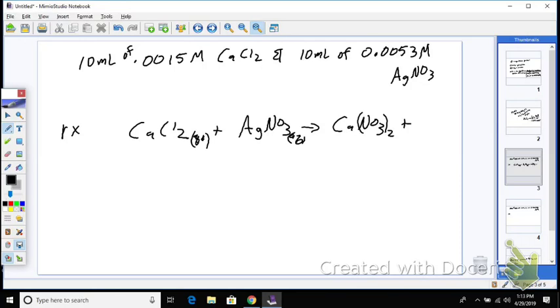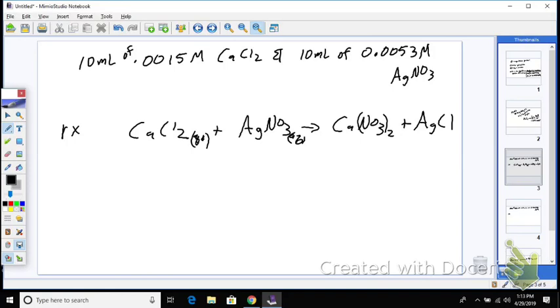And then what's our other product? AgCl. Now you guys have to look up charges and make sure they're balanced. Then you have to decide which of those two is probably your solid. Ca(NO3)2 or AgCl? AgCl.